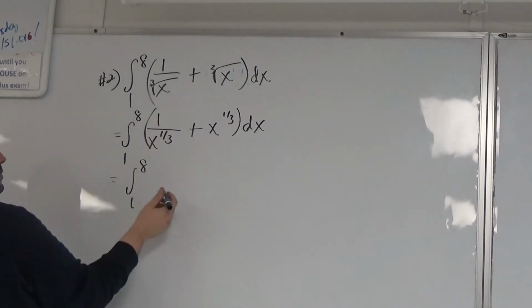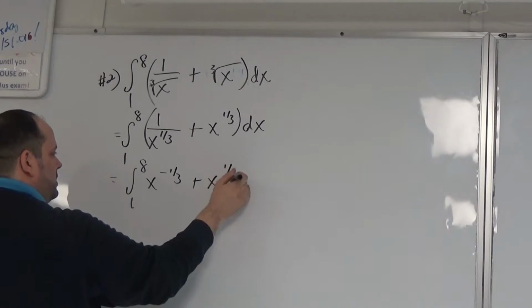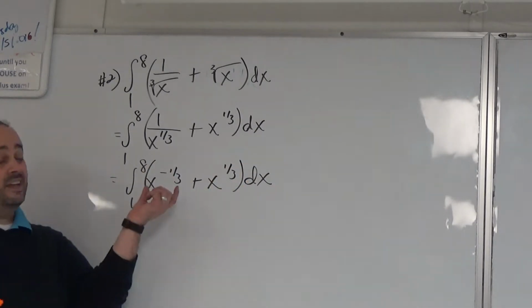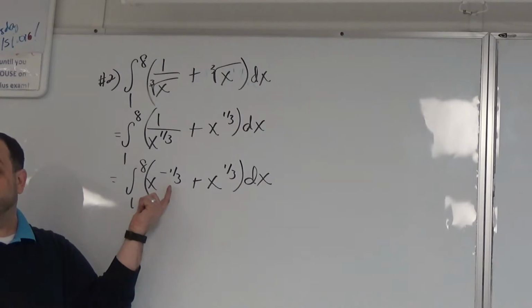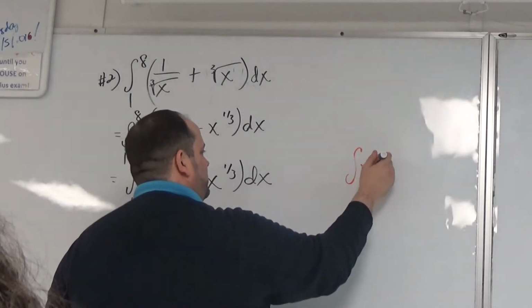Rather than 1 over x to the 1/3, this is really x to the negative 1/3 plus x to the 1/3 dx. And this does show up in that table. This is that power rule. That's the very first one. This is the antiderivative of x to the n.